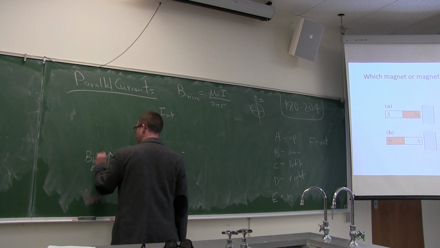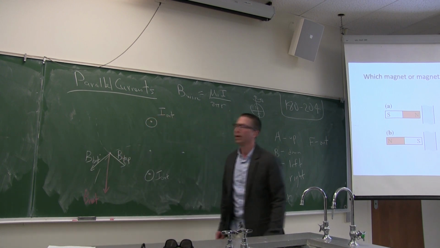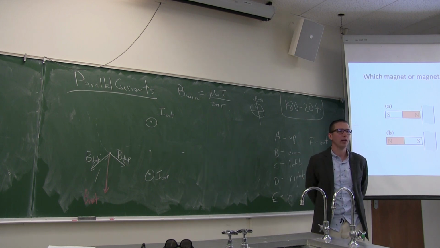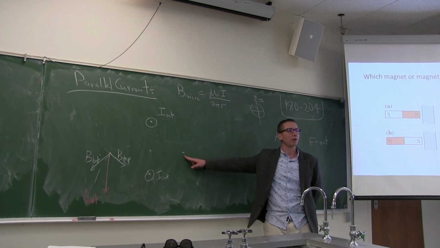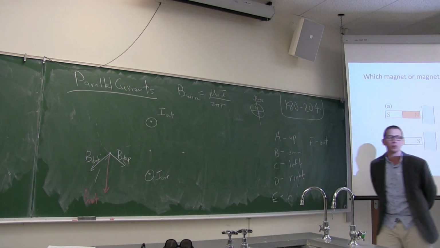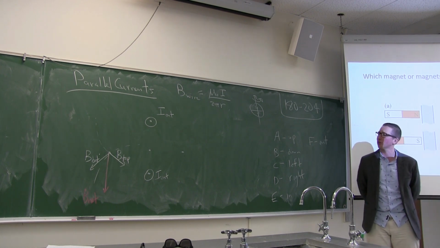So we have the magnetic field due to the bottom and the magnetic field due to the top. All right, now, same question, but over on the very right-hand side. Give you a moment to prepare your vote. What's the net magnetic field at the very right point?